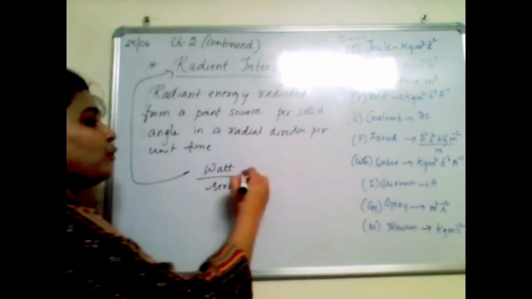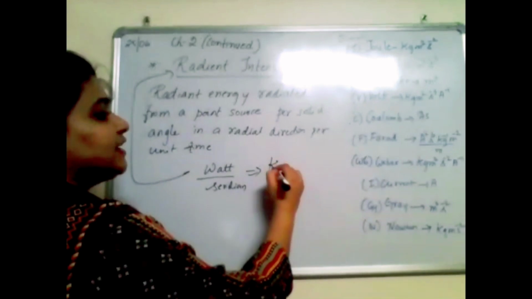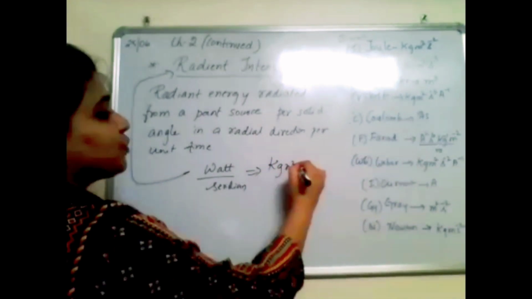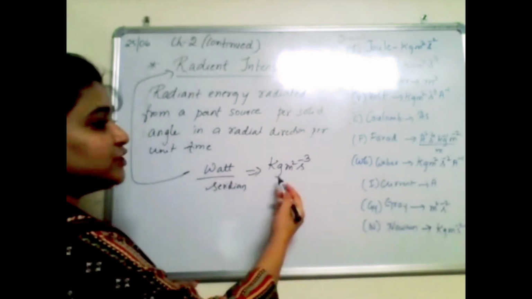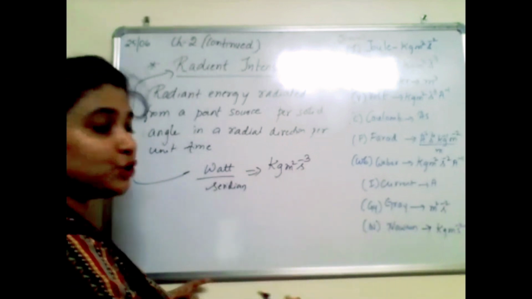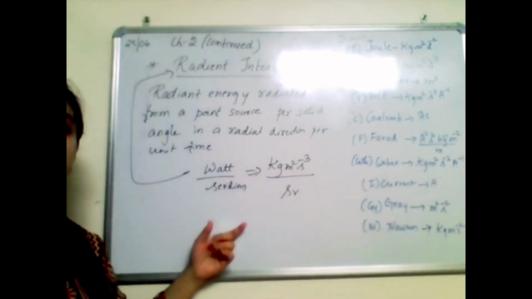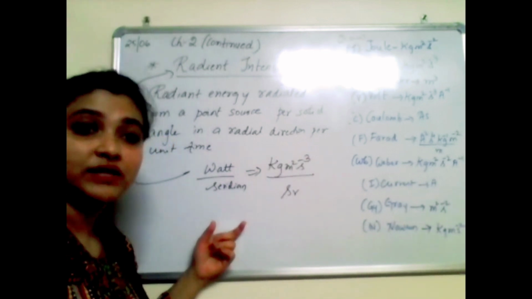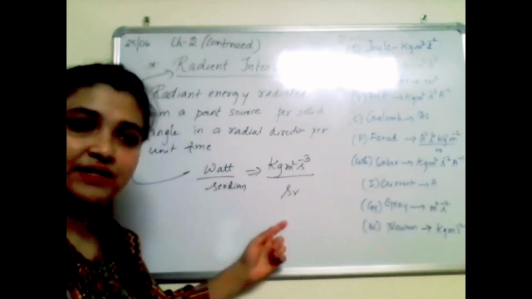So watt is given by what? We have derived it yesterday: kg meter square per second cube, divided by steradian, SR. Steradian is a supplementary fundamental quantity, so it does not have a derivative. Steradian is SR only.